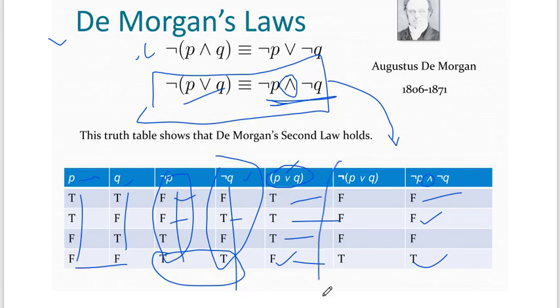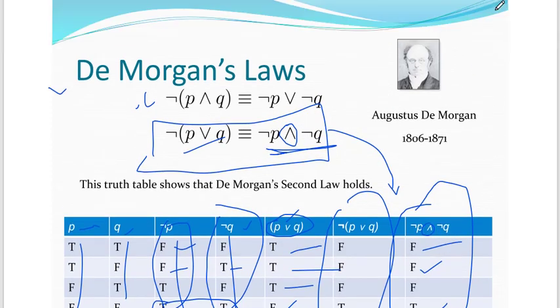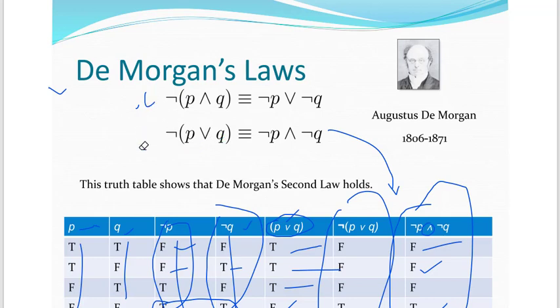So you can see that this column and this column have the same truth table values. Okay, so you can see that De Morgan's law holds. So you have to remember this De Morgan's law.